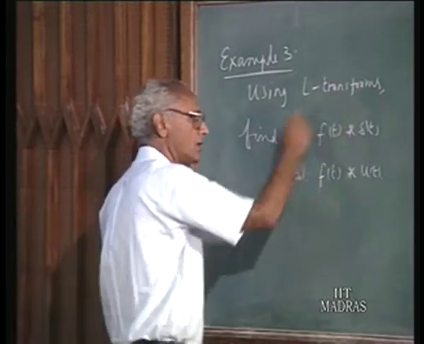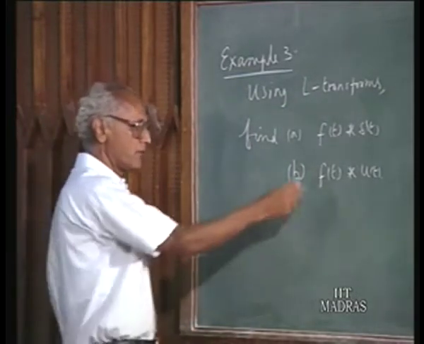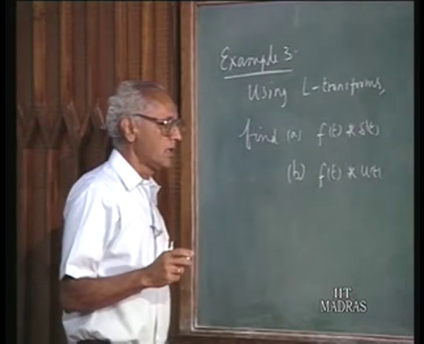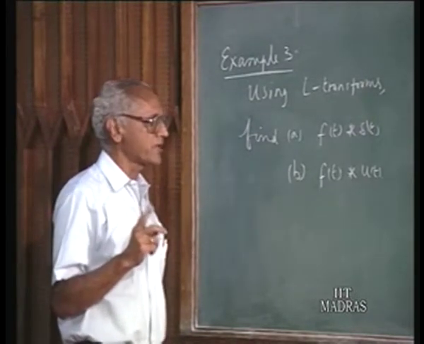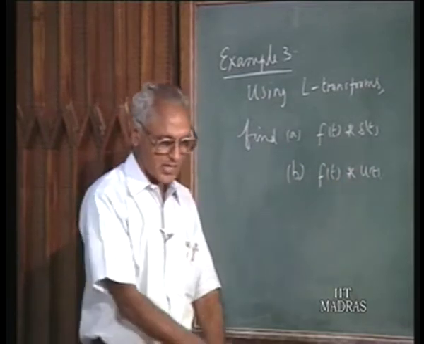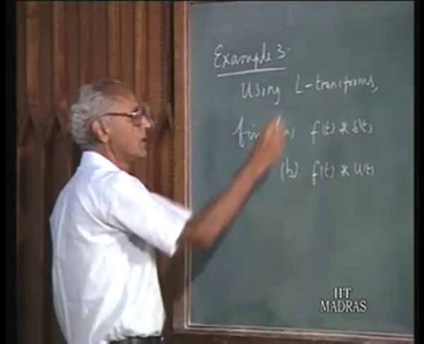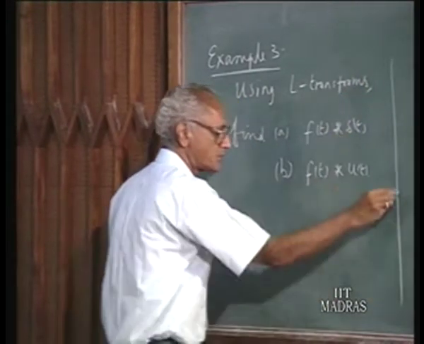Therefore, the convolution must result in f(t) itself. And when we talked about the integration rule under Fourier transforms, you recall that f(t) convolved with u(t) has been shown to be the integral of f(t). We will see these results here using Laplace transforms.